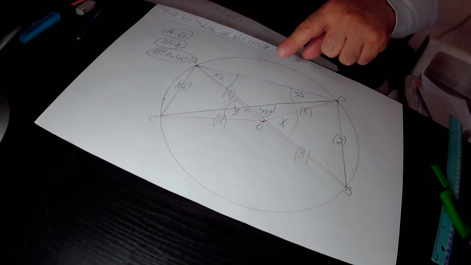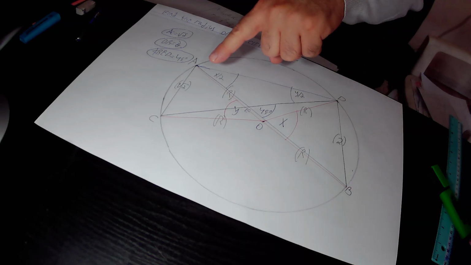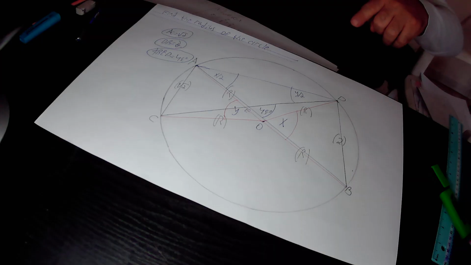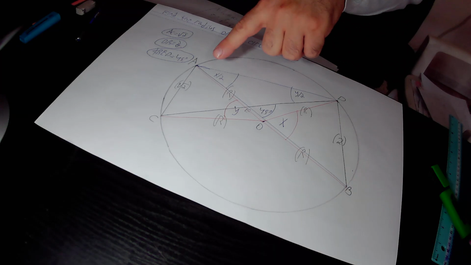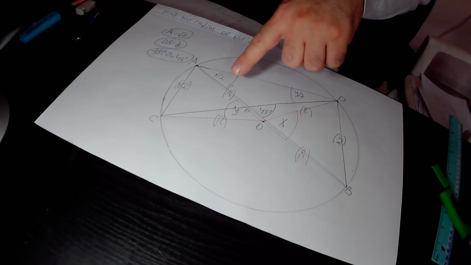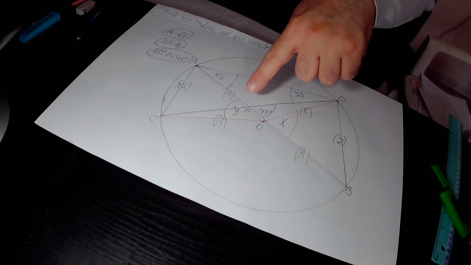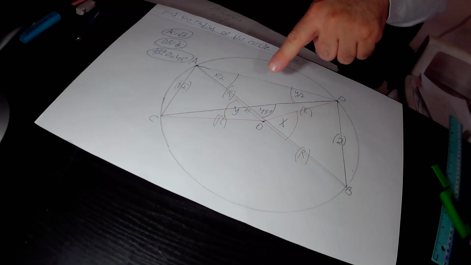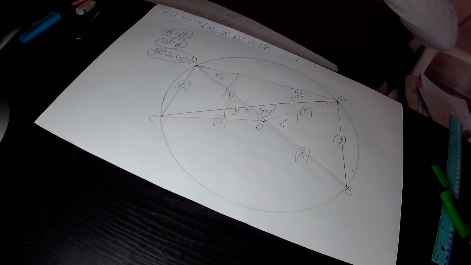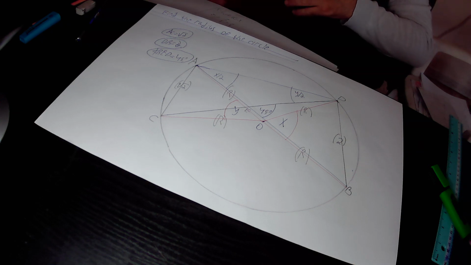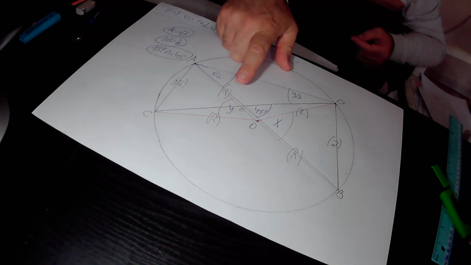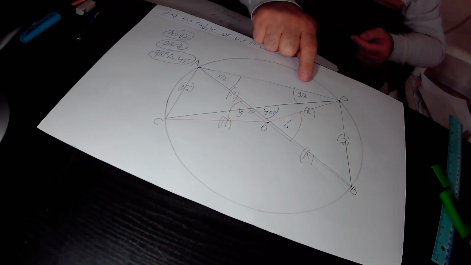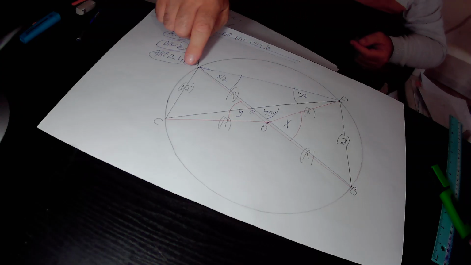The size of peripheral angle ADC is y over 2, therefore the size of central angle AOC must equal y over 2 times 2, that is y, according to Rule 13. So the size of central angle AOC is twice as large as the size of peripheral angle ADC, because both of them subtend the same chord AC.